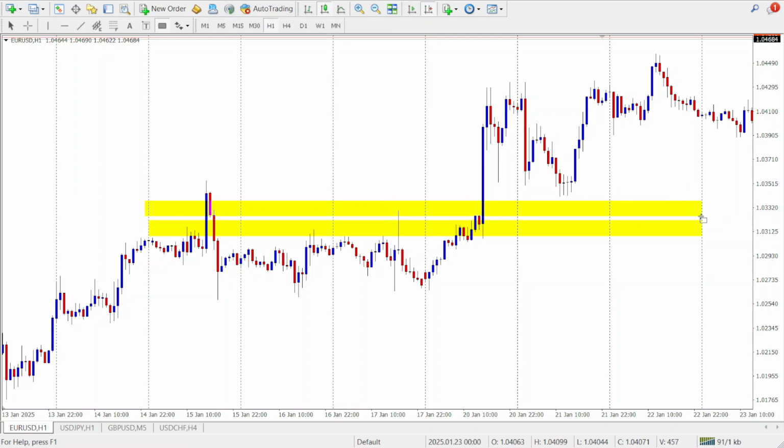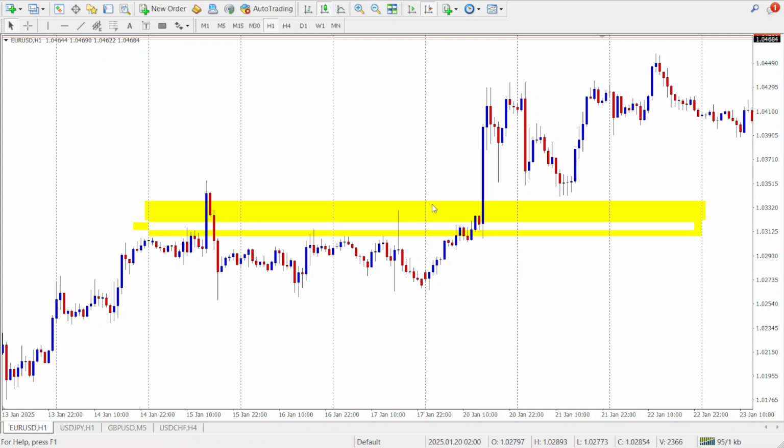We have a resistance zone around here, right? You can see that there was rejection here, there was rejection here, there was rejection here, but still I think we can say that this is actually the major zone of resistance. This seemed more like a false breakout and another false breakout here.